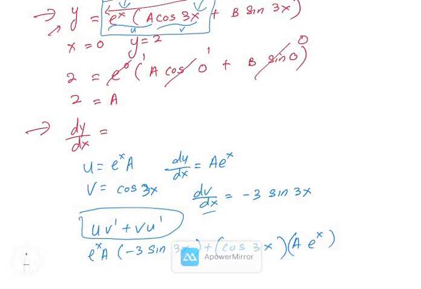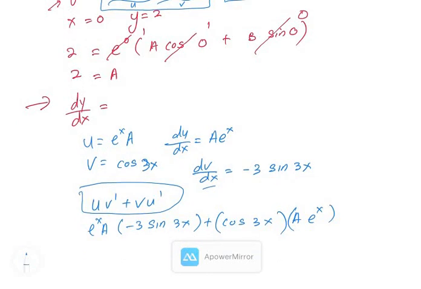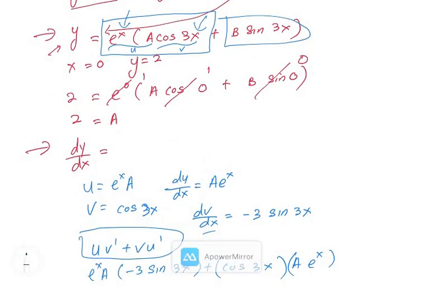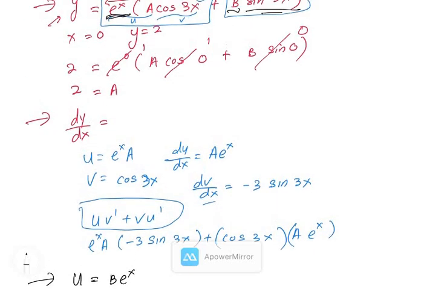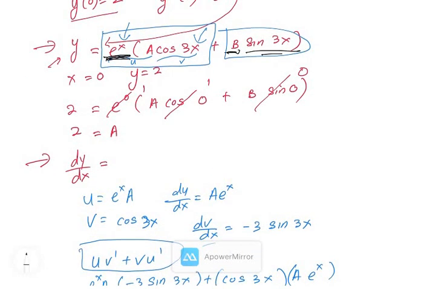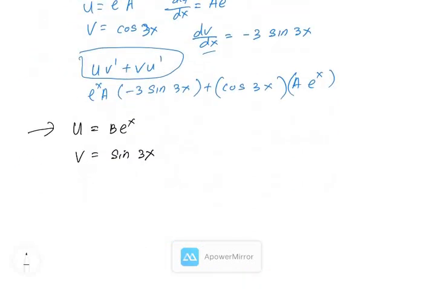Now you need to do the second part. For the second part, you assume u equals b e to the power x and v equals sin 3x.